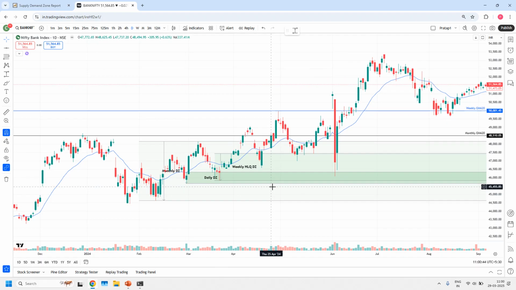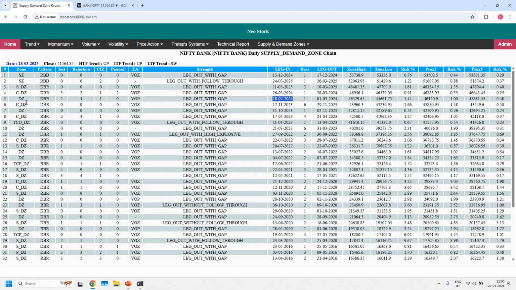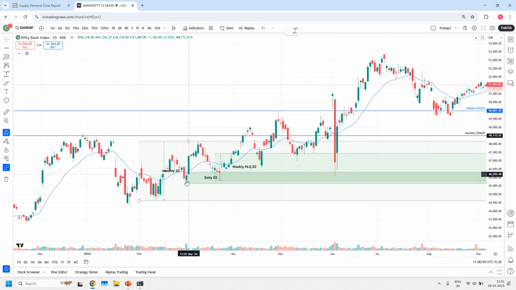So this is the reason why we are drawing even the demand zones below that. We didn't ignore it as a normal demand zone. If you would have ignored it as a normal demand zone, and if you did not draw this zone on your chart, you might have missed identifying this demand zone as a lower time frame zone horizon.